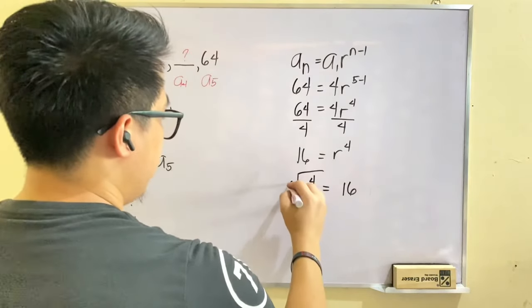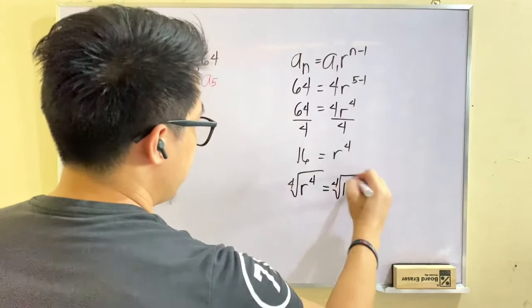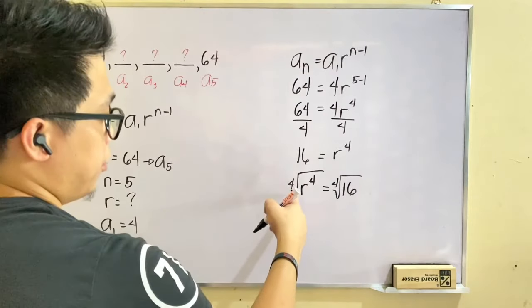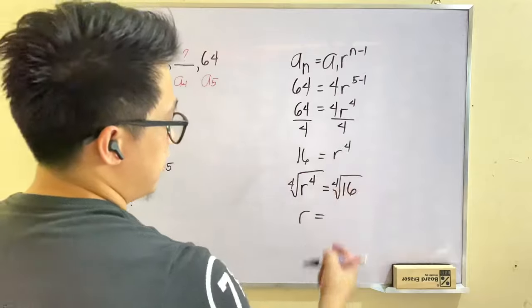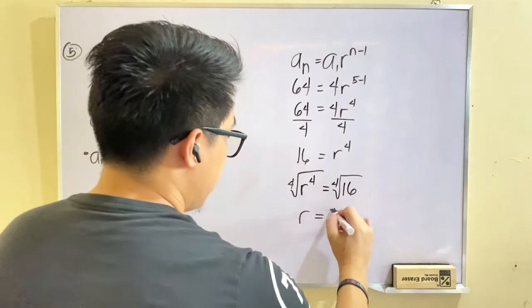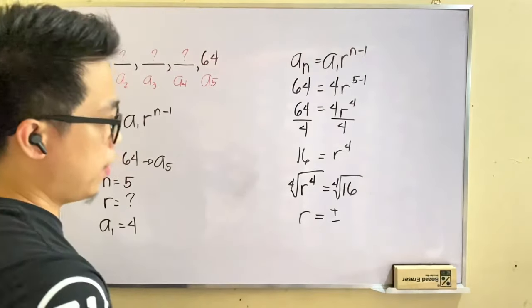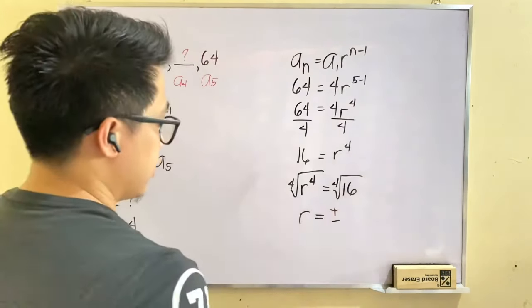So, ang fourth root ng R raised to 4, hanapin din natin yung fourth root ng right side. The fourth root of R raised to 4 is R, and the fourth root of 16 is positive or negative. Anong value or number kapag minultiply mo sa sarili niya ng 4 na beses ang sagot is 16?